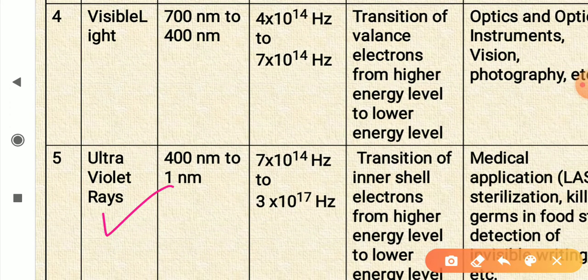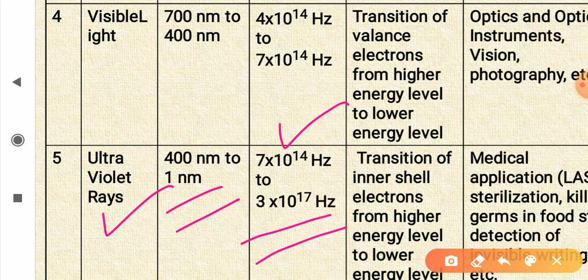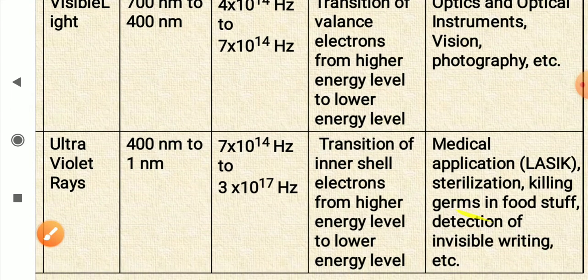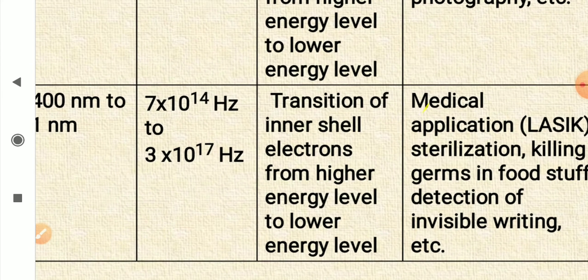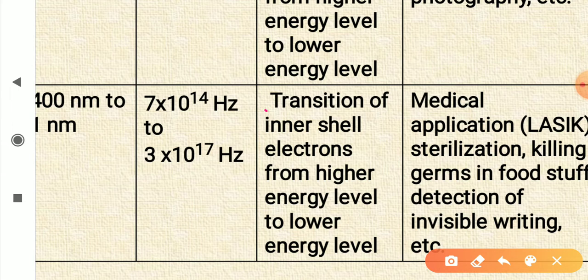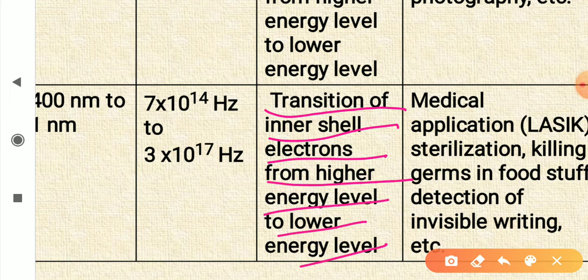Now, ultraviolet rays. Ultraviolet rays are smaller in size than visible light, and the wavelength range is 400 nanometer to 1 nanometer. Frequency range is 7 into 10 raised to the power 14 hertz to 3 into 10 raised to the power 17 hertz. UV rays are produced by transition of inner shell electrons from higher energy level to lower energy level.